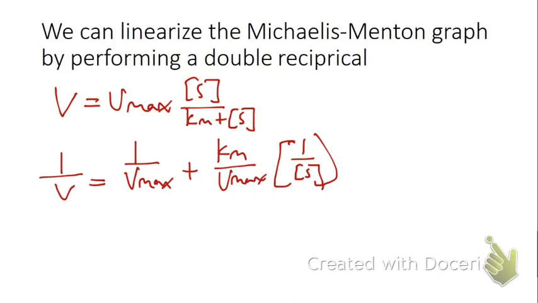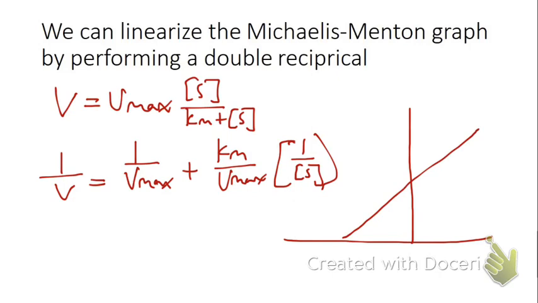And this is known as the Lineweaver-Burk equation. So the Lineweaver-Burk equation allows us to linearize the Michaelis-Menten graph.